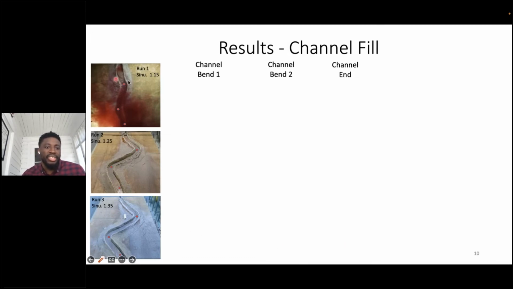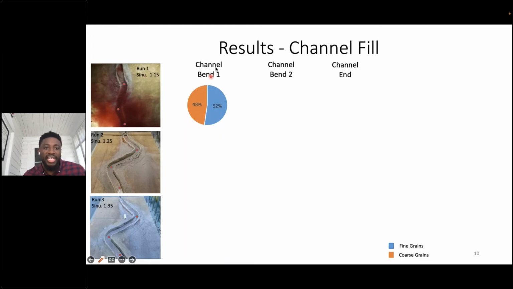So on the left, you see our channels from run 1 down to run 3, as sinuosity increases. The only channel that is not here is the straight channel, for which we do not really see any trend. Our grain size analysis shows the percentage of coarse and fine sediments deposited in different areas, and the red dot shows where samples were taken from.